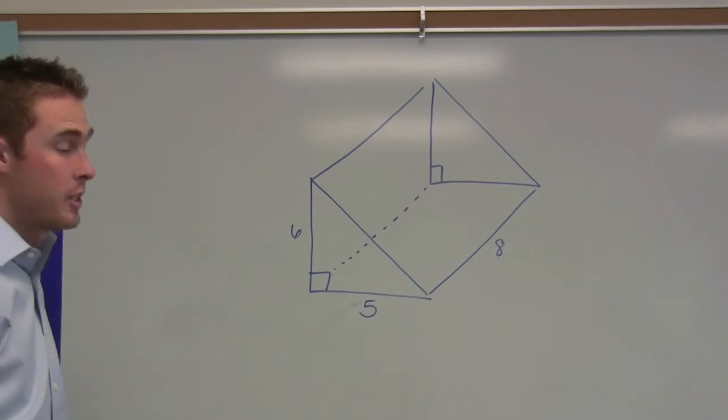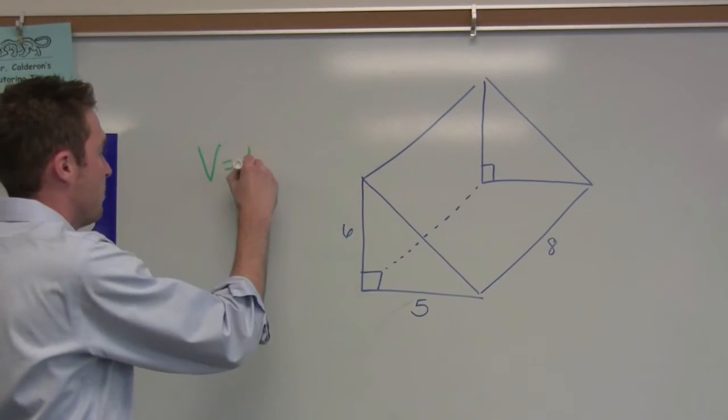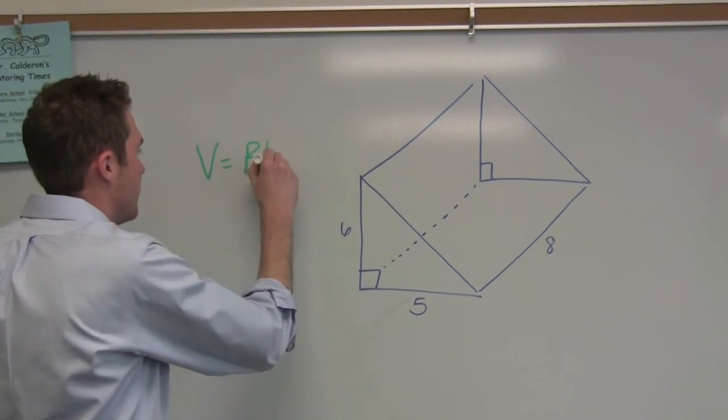To solve for a triangular prism, the volume is big B, which is area of the base, times the height.